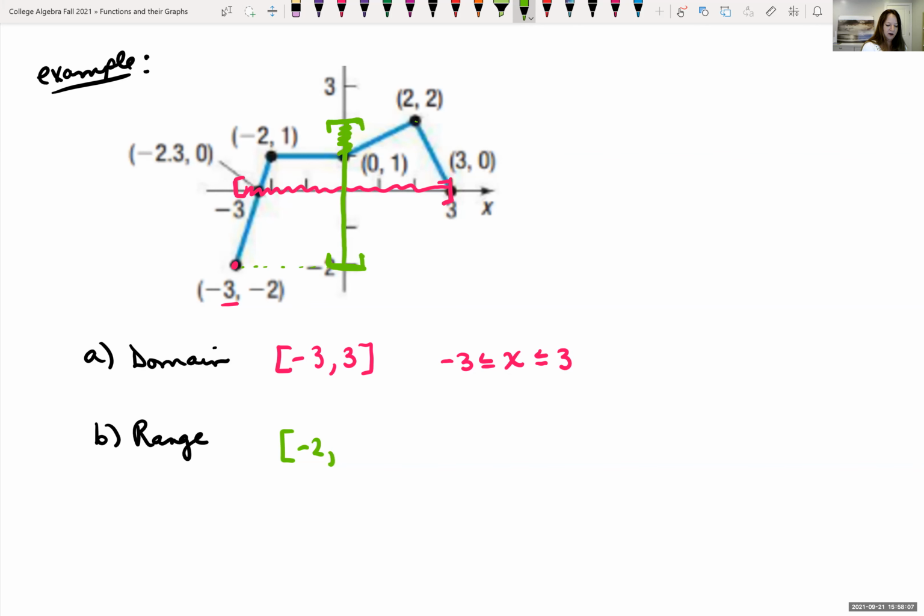Notice I hit all the y values in between. If there had been a jump in the graph, there might be some y values that we don't hit, and we would have to take that into consideration. But we have all y values between -2 and 2. Another way to write this is -2 is less than or equal to y is less than or equal to 2.